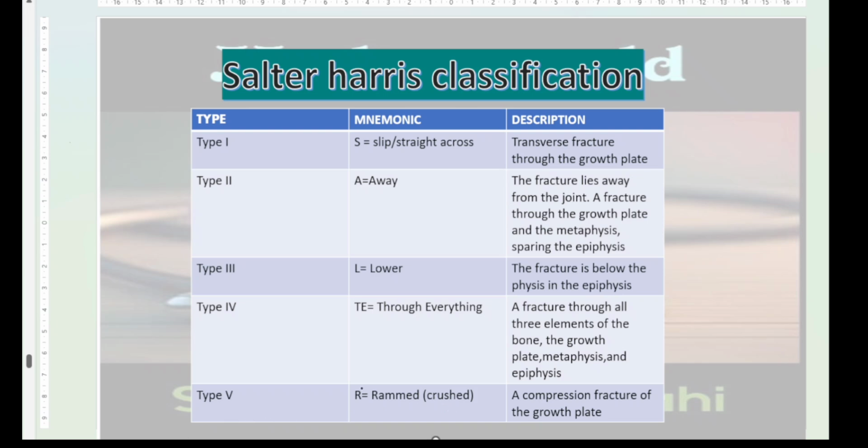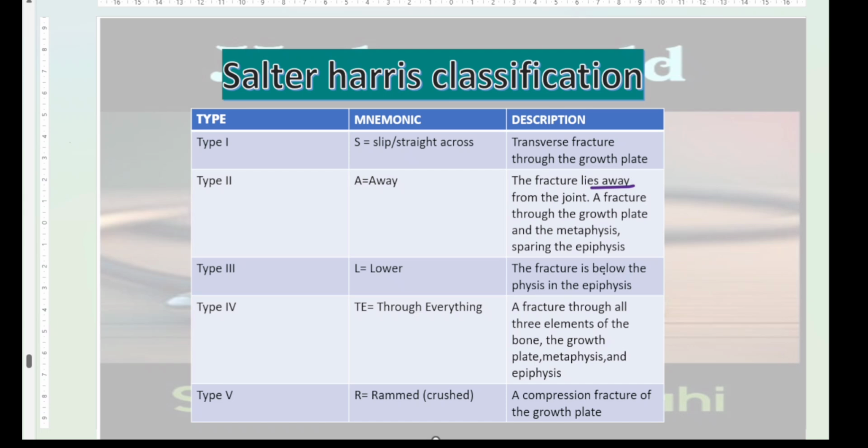How will we understand it? Straight across means it is a transverse fracture through the growth plate. A is away, means fracture lies away from the joint, a fracture through the growth plate and the metaphysis, sparing the epiphysis. Now L, L for lower.